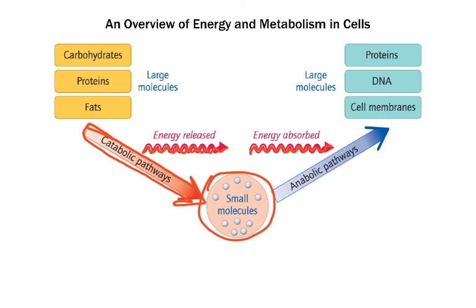Making bonds releases energy, but it still requires energy to get everything set up just right. And so the anabolic pathway builds large molecules back up, but now it's the ones that our body builds, that we need and want. And all through this whole process, the mechanism is keeping track of energy because energy must be conserved. Okay, this wraps up lecture 6.1 and section 6.1 in your textbook.